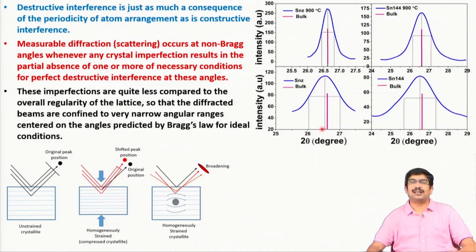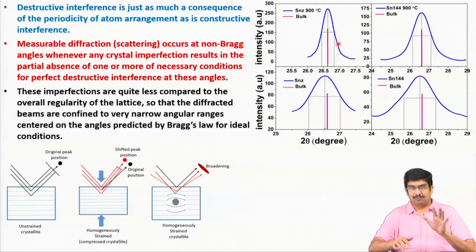That means the diffraction is satisfied for non-Bragg angles. This line shows the exact Bragg condition, and now we start getting certain intensity at non-Bragg angles also. That means you are getting partial interference, going away from complete constructive interference. Now, compared to this ideal condition, the amount of imperfection in a real specimen is orders of magnitude lower.